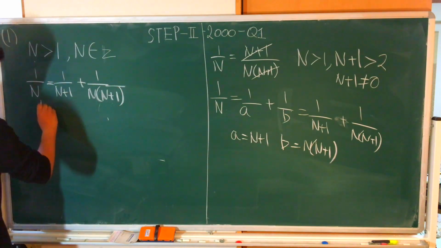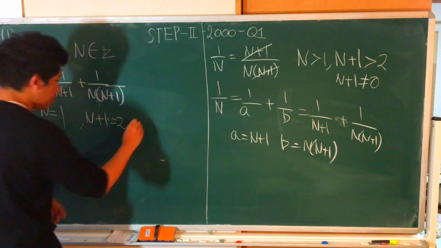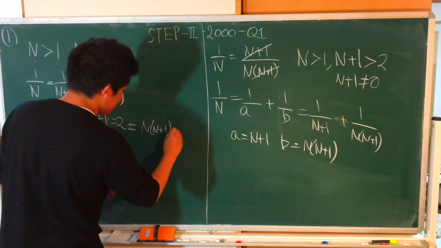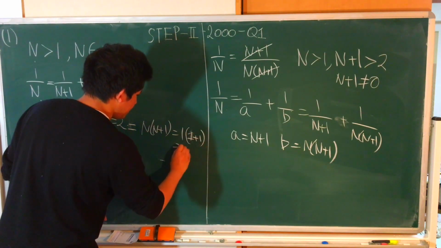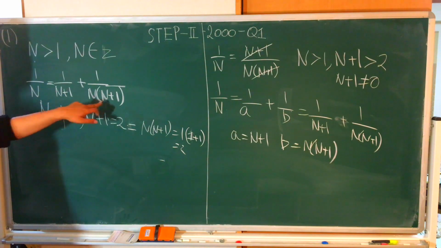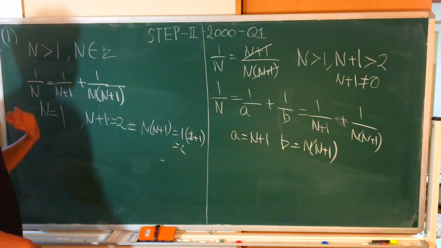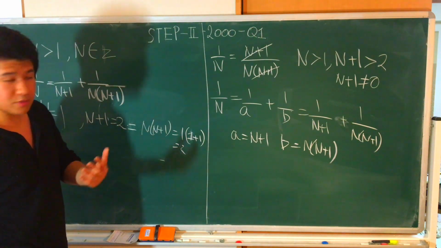If n equals 1, then n plus 1 equals 2, which will also equal n times n plus 1, because it's 1 times 1 plus 1. So if n equals 1, these two numbers will be the same, and the unit fraction 1 by n cannot be expressed as a sum of two distinct unit fractions.